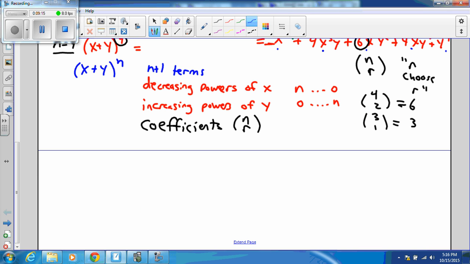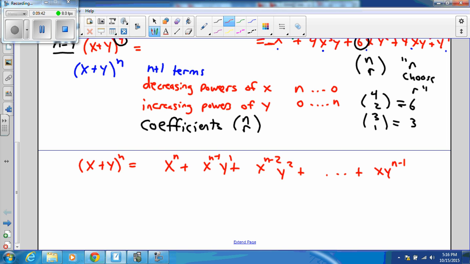So, we can write a tentative result here. We can say that x plus y to the n is going to consist of terms that start with x to the n, y to the 0, and then go in increasing powers of y and decreasing powers of x until we get all the way down to y to the n and x to the 0.